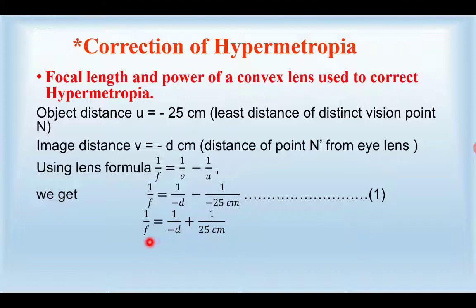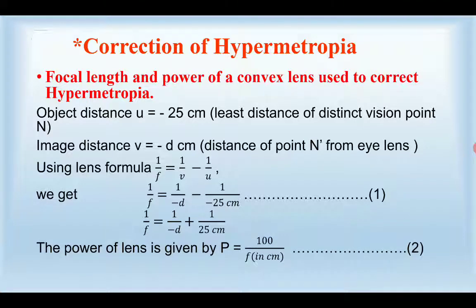And finally the relation is 1 upon f is equal to 1 upon minus d plus 1 upon 25 centimeter. After calculating the focal length, we will be able to calculate the power of the corrective lens. So the power of lens is given by P is equal to 100 upon f in centimeter, or P is equal to 1 upon f in meter.